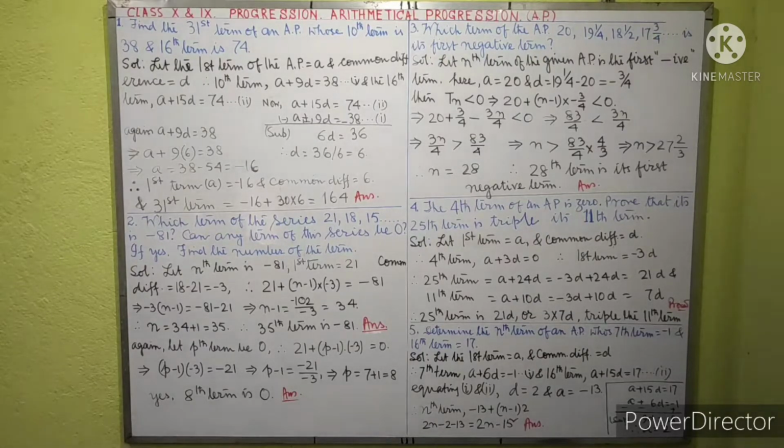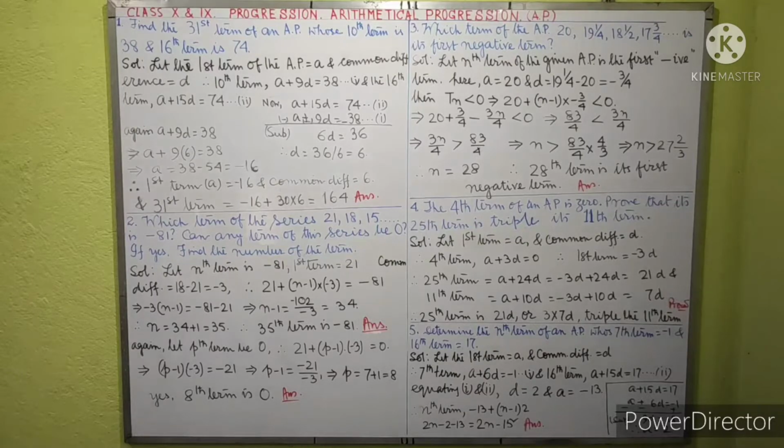The solution: let the first term of the AP be A and the common difference be D. Always in this class, in an AP, the first term is A and the common difference is D. Therefore the 10th term is A plus 9D equal to 38, and the 16th term is A plus 15D equal to 74.